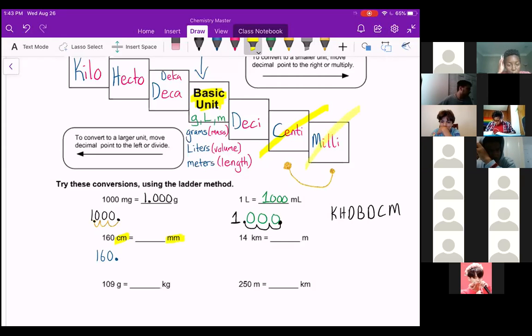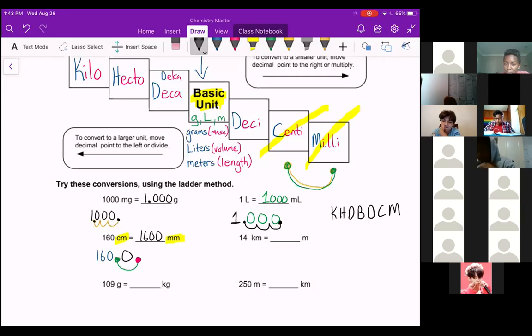So I started at this box and I moved one time to the right to get to milli. So now I'm going to come over here, my decimal that I had behind that 160, I'm going to move it one time to the right. Here is my new decimal, and I'm just going to fill in a 0 right here. So that is 1600.